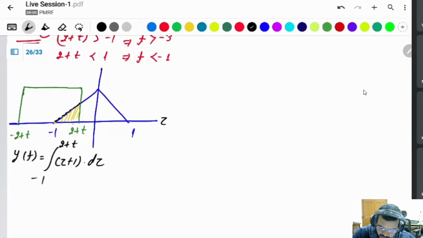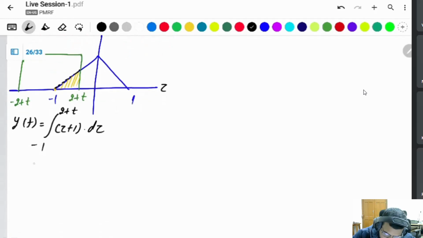The ramp signal starts from minus 1, then the line equation is tau plus 1 only. You can use a line formula also to find this one. Then integrate, this will be tau square by 2 plus tau from minus 1 to 2 plus t.